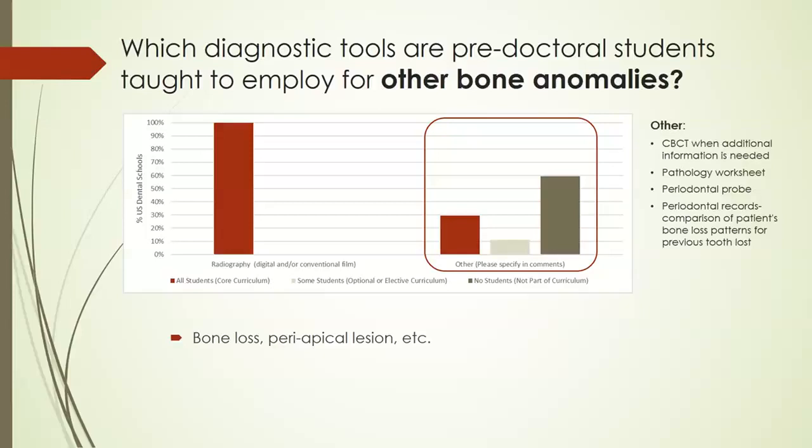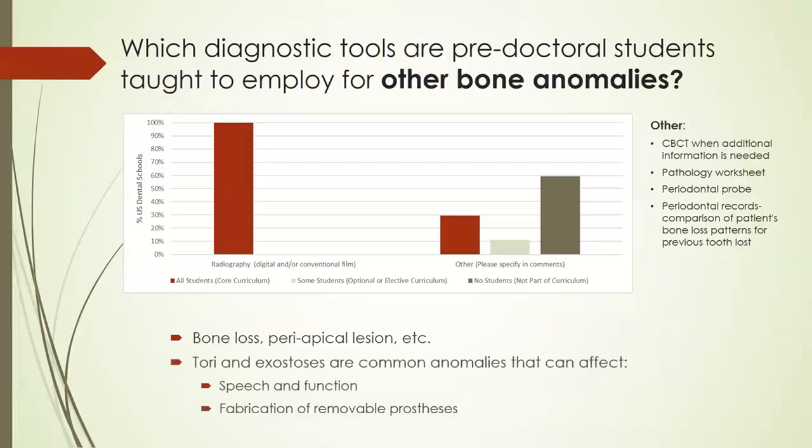Other tools or methods listed were a pathology worksheet, periodontal probe, and periodontal records for comparison of patients' bone loss patterns. The survey specifically mentioned bone loss and periapical lesions, but radiographic imaging is used to identify other common lesions as well, including tori and exostoses.